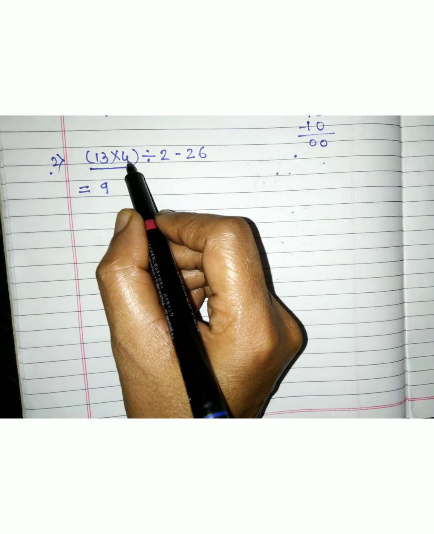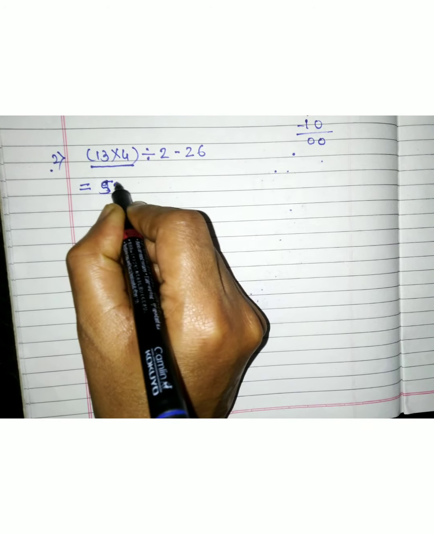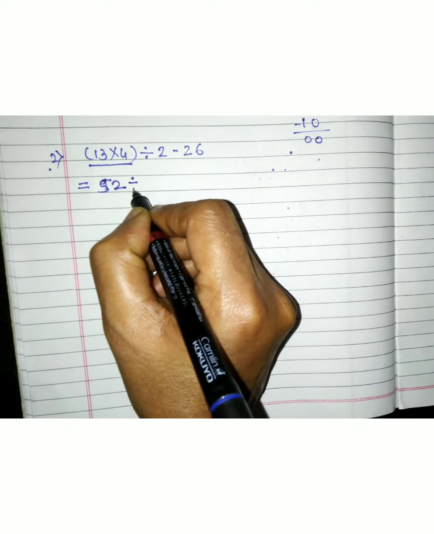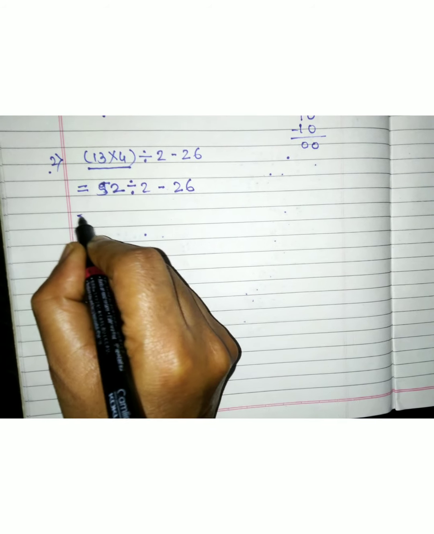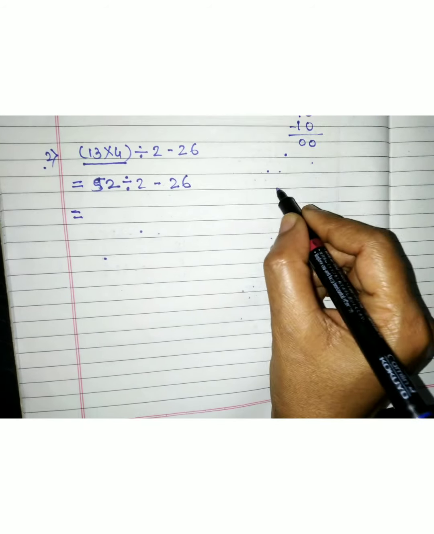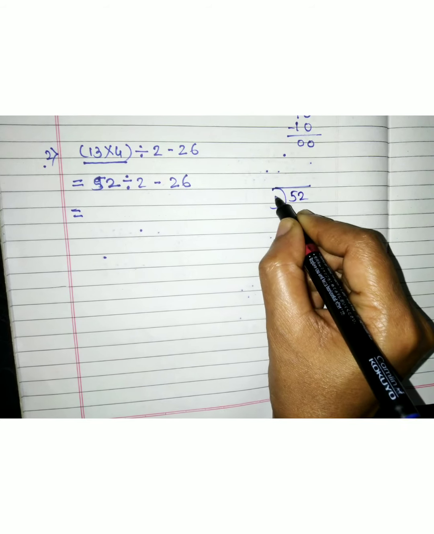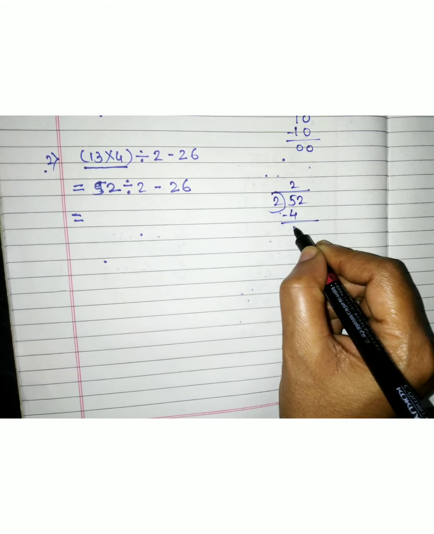13 multiplied by 4, it is 52. 52 divided by 2 minus 26. 52 divided by 2, we will do division here. 2 twos are 4. 5 minus 4 is 1.